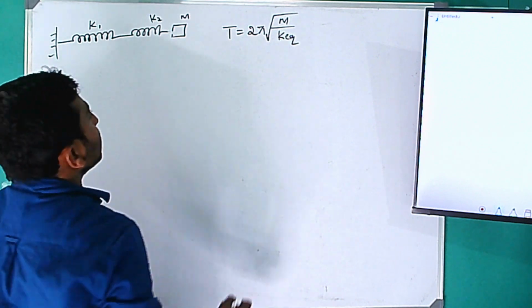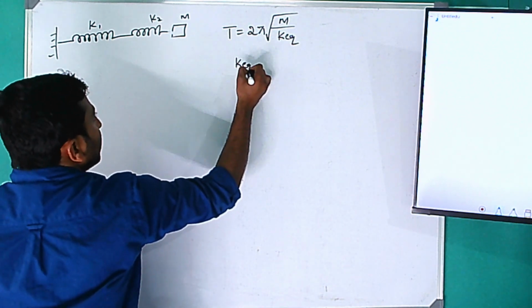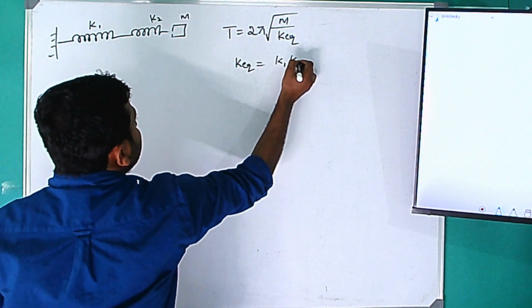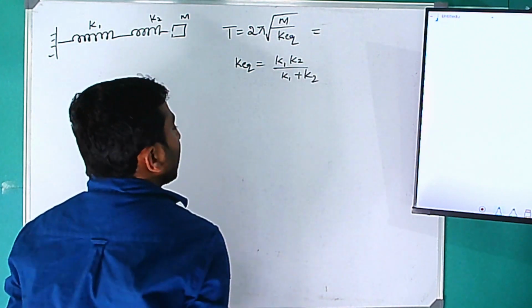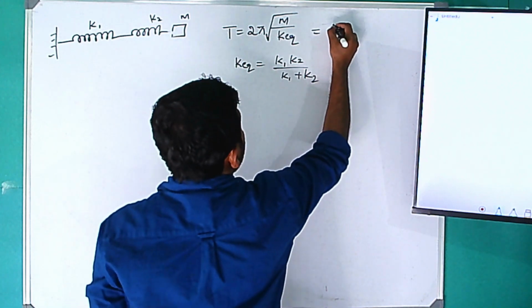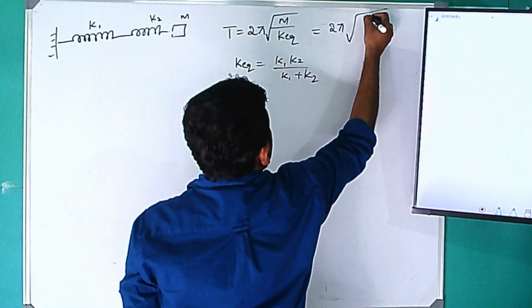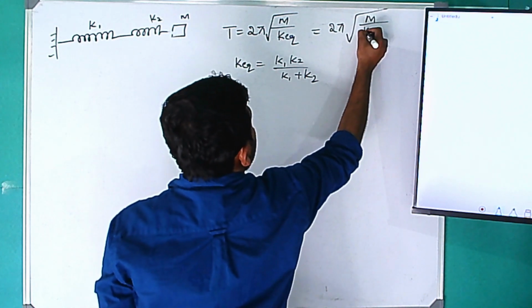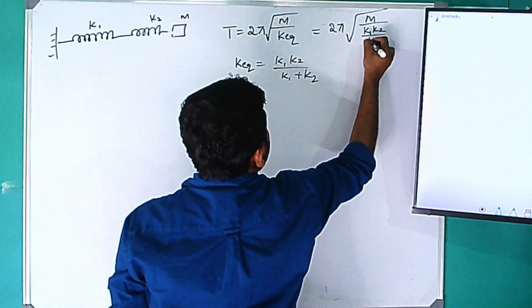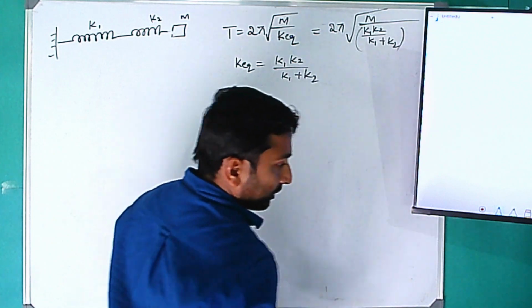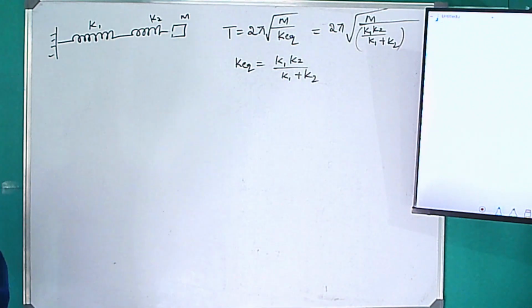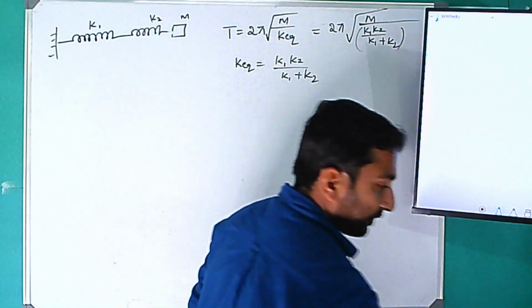What is k equivalent in this case? K equivalent is equal to k1 k2 divided by k1 plus k2. So therefore the time period will become 2 pi square root of m divided by k1 k2 divided by k1 plus k2. So this is the time period of a series combination of the springs as shown in the figure.